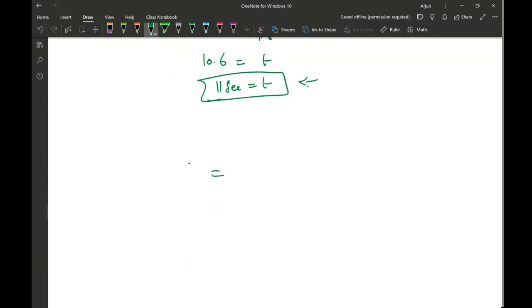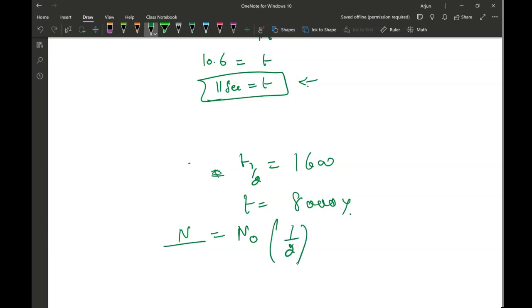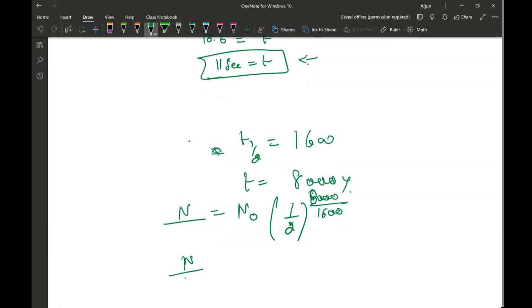So T half is given to you, 1600, and total time is 8,000 years. How much will be left over? So N equal to N0 (1/2) to the power 8,000 divided by 1600. So this N upon N0 will be equal to 1/2 raised to the power 5.